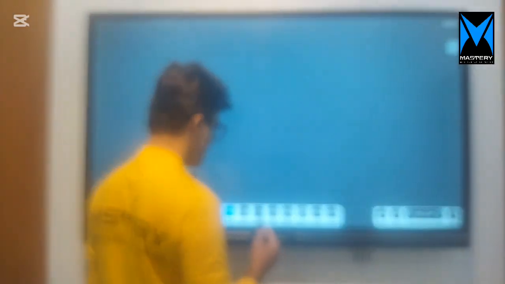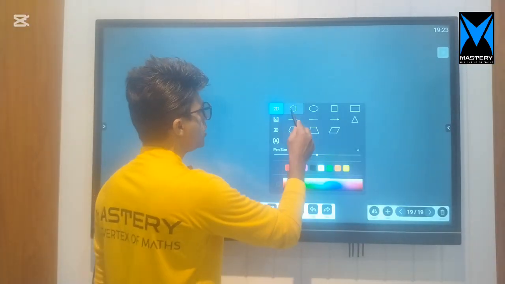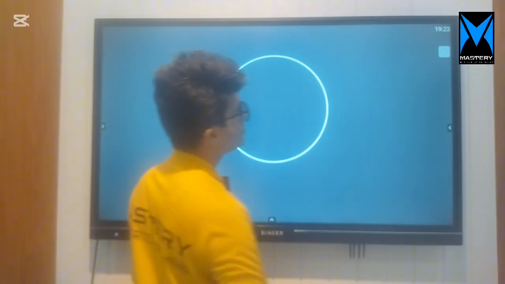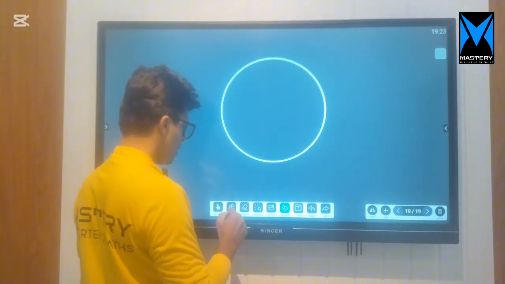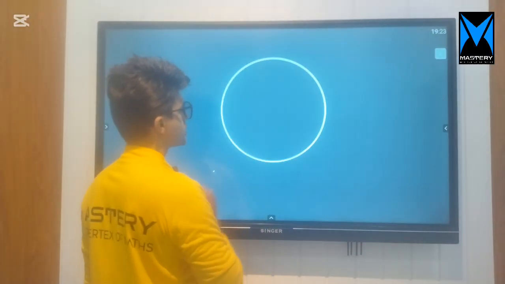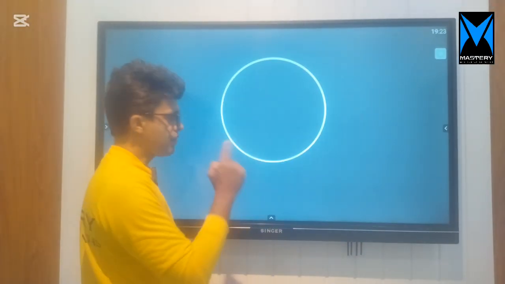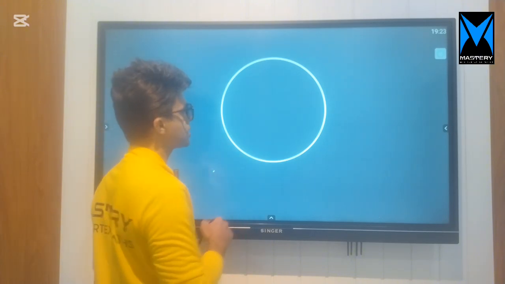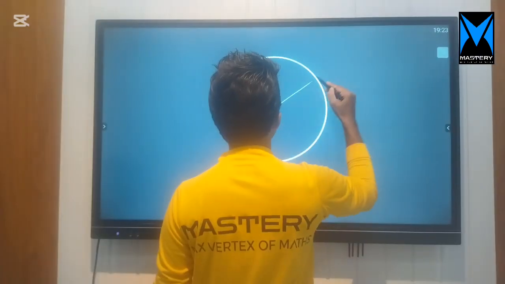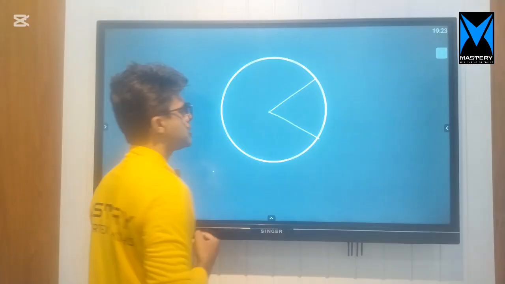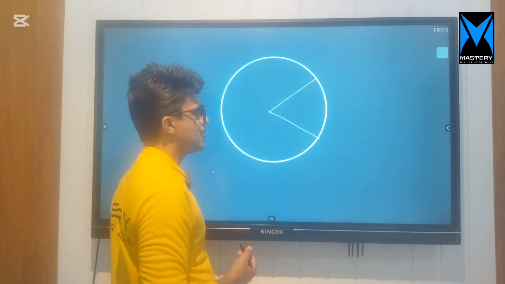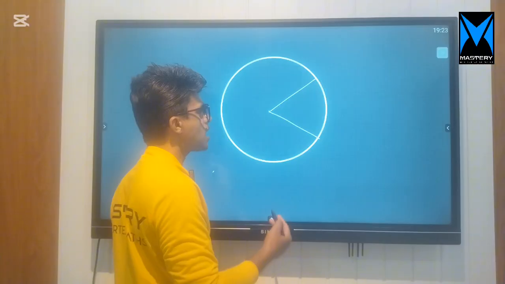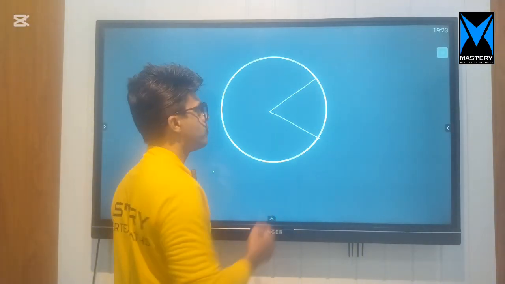Now the other point. This one is a segment, which we previously learned about. Here is a sector. A sector is a certain part bounded by an arc and two radii.